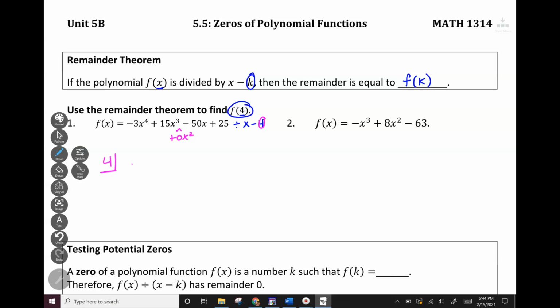Okay, so we're going to list out our coefficients. -3, 15, 0, -50, 25. All right. Drop down that first number. Multiply the number in the box. 4 times -3, -12.